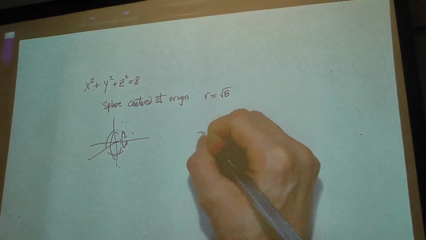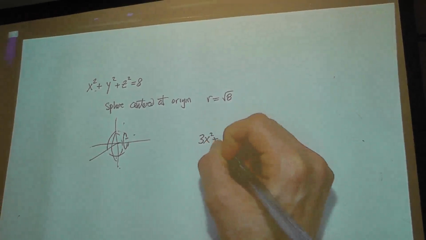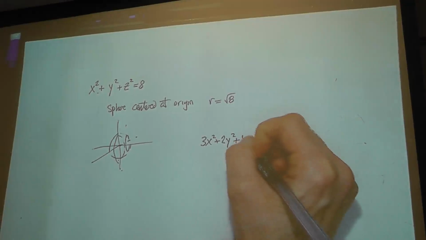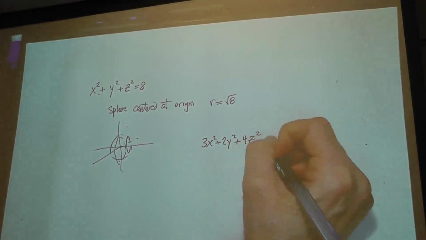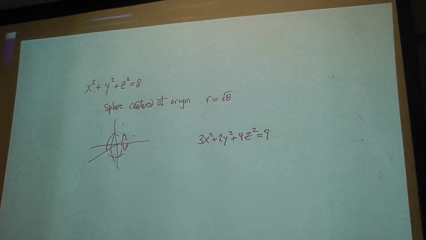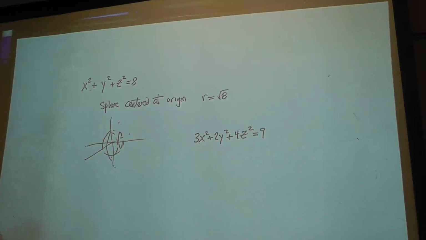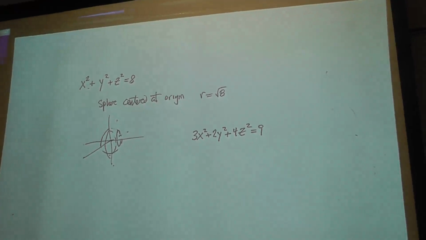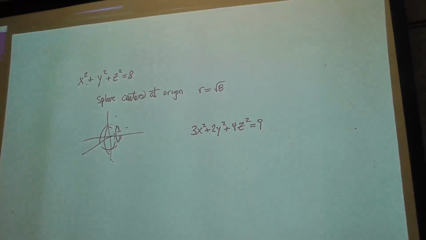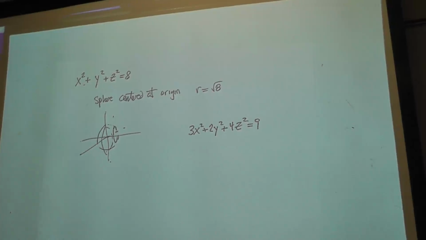And if I did this, still roundish. Yeah, I think they call it an ellipsoid, like an egg. And which way is it farther?